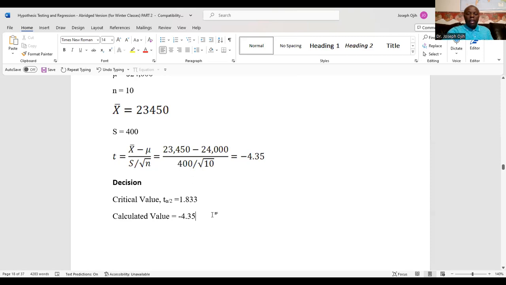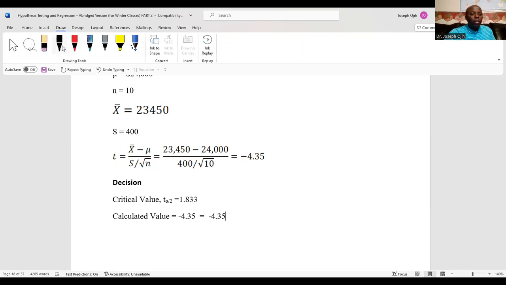So we're going to be using the absolute value, which is 4.35. For your algebra class, you know that absolute value is always positive.